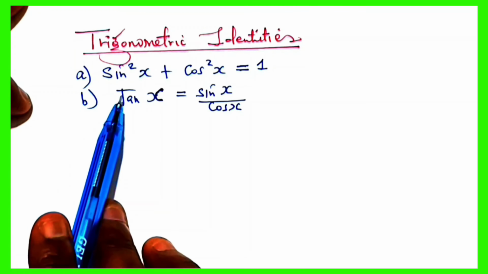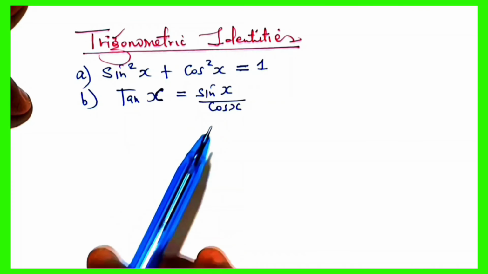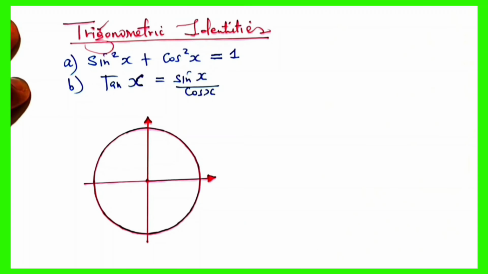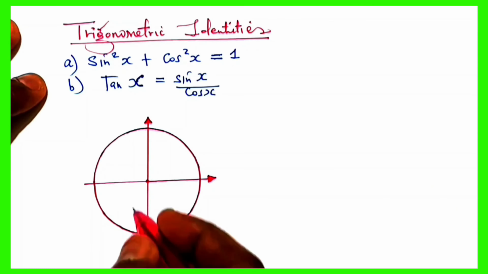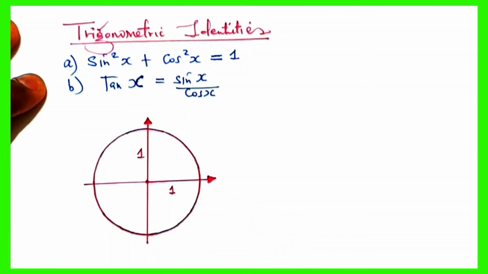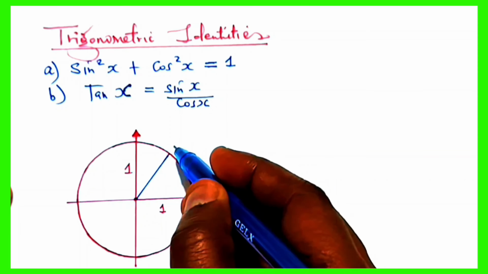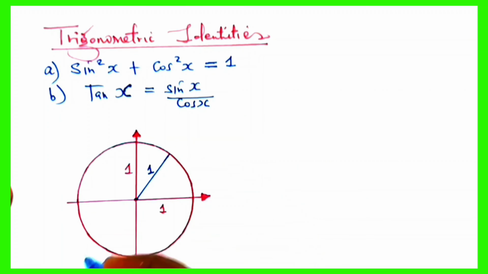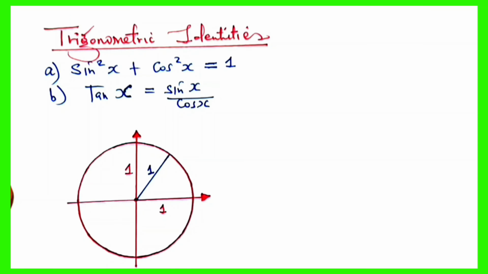And how do we derive these 2 identities? Let's consider the following. Let's consider a unit circle of radius 1 unit. We can consider another radius here in form of a diagonal to this diagram, which will also be 1 unit like that.